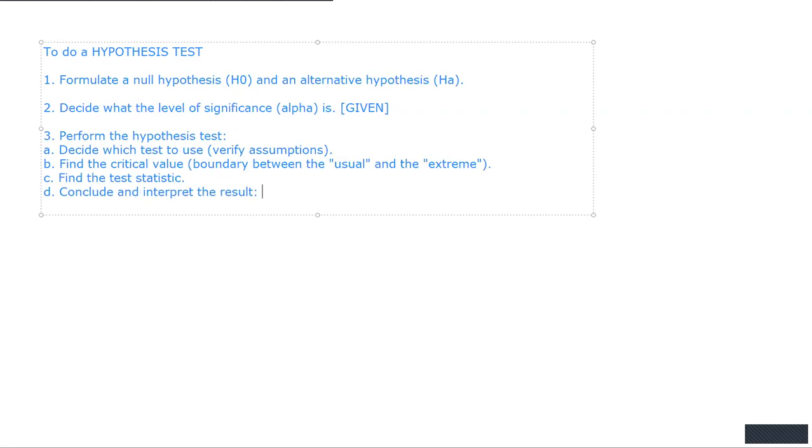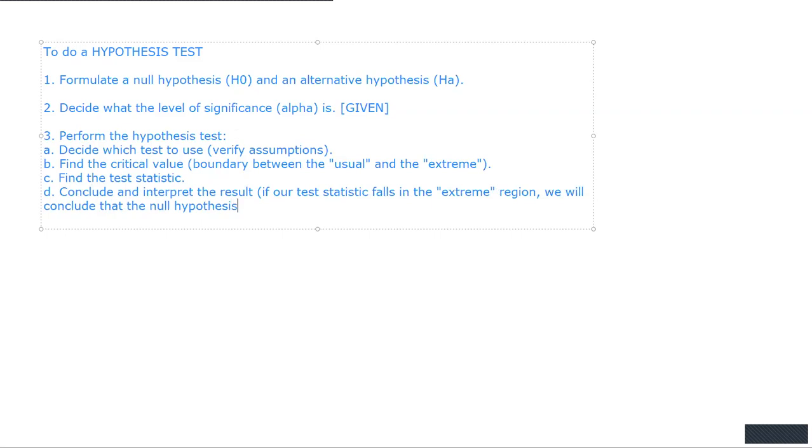What that means is that if our test statistic falls in the extreme region, we will conclude that the null hypothesis is false. And so we say, in these cases, that we reject the null hypothesis.